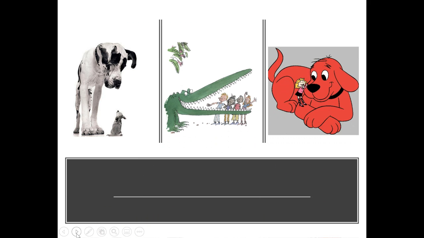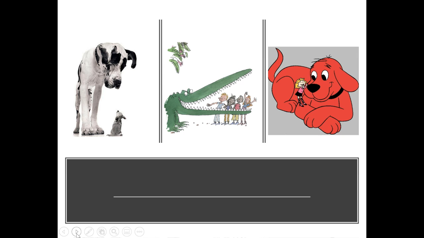Last group of pictures. What do you notice or see? I notice or I see. Well, in the first picture, I notice a very large dog and a very teeny tiny dog or puppy.